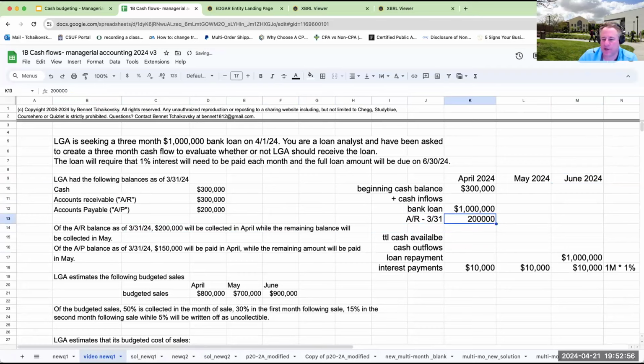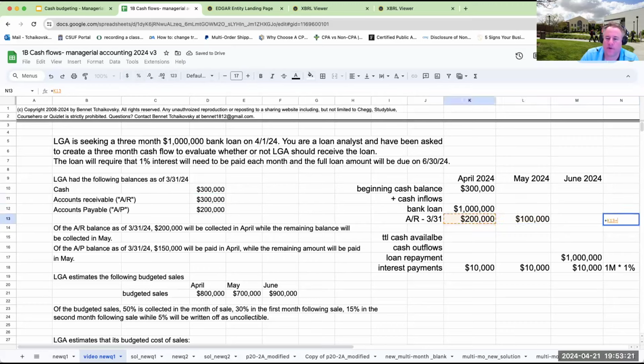So our cash here is going to be 200,000, and the remaining balance will be collected in May. Now, the one thing I always want to do is go through and check my work. When I show this over here, my total AR balance is 300,000. I want to go over here, make sure that works.